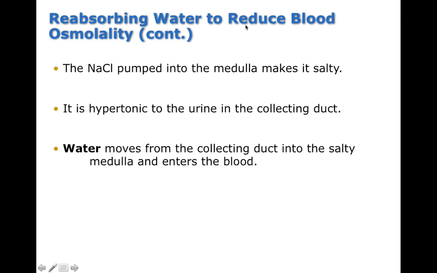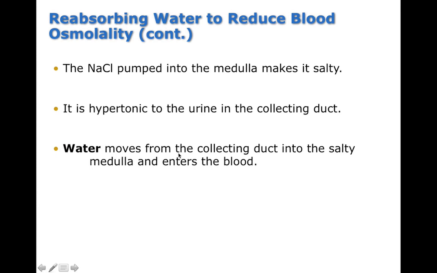So in terms of reabsorption of water, we talked about how sodium and chloride are pumped into the medulla, which makes the fluid of the medulla more salty or have a higher osmolarity. And we say that it's hypertonic, right? Now, because it's hypertonic, water is going to follow that hypertonic solution that you find inside of the kidney tissue fluid of the medulla.